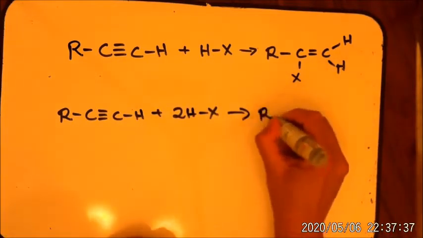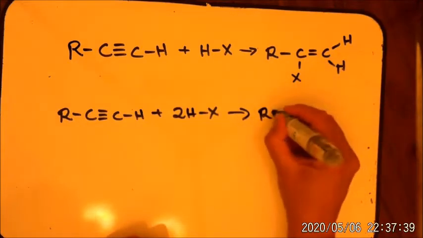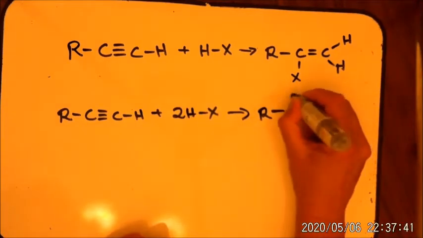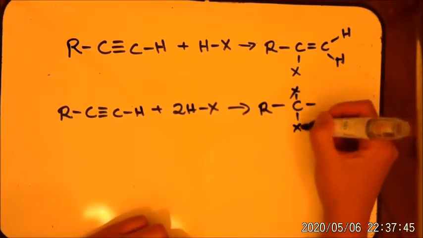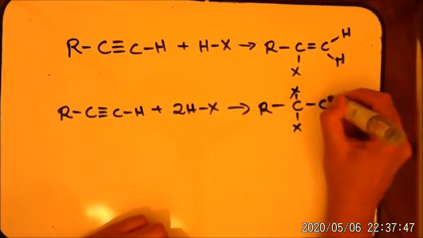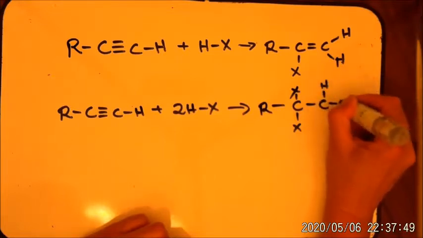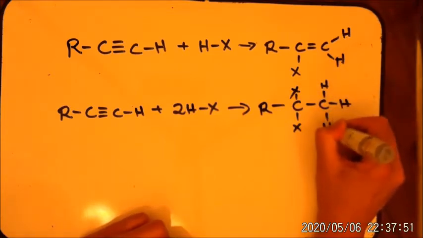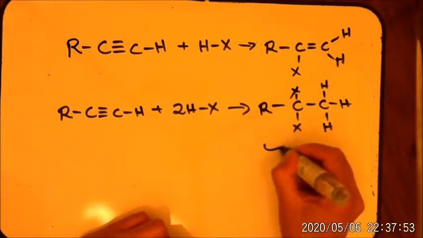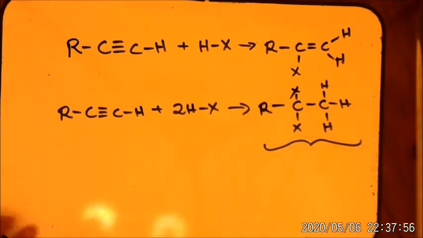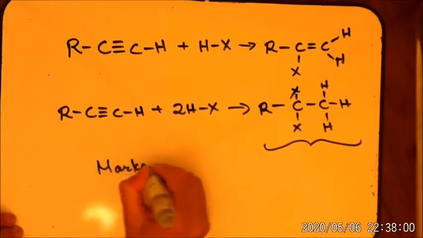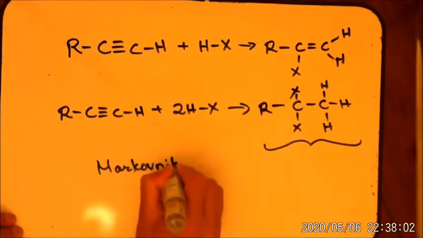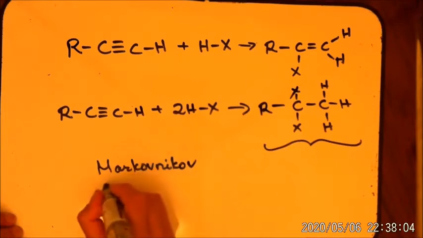The second mole, again, hydrogen goes on the carbon with the fewest substitutions, and the halogen goes on the carbon with the most substitutions. So you're going to get a geminal dihalide. So just be aware, this is going to be a Markovnikov orientation.